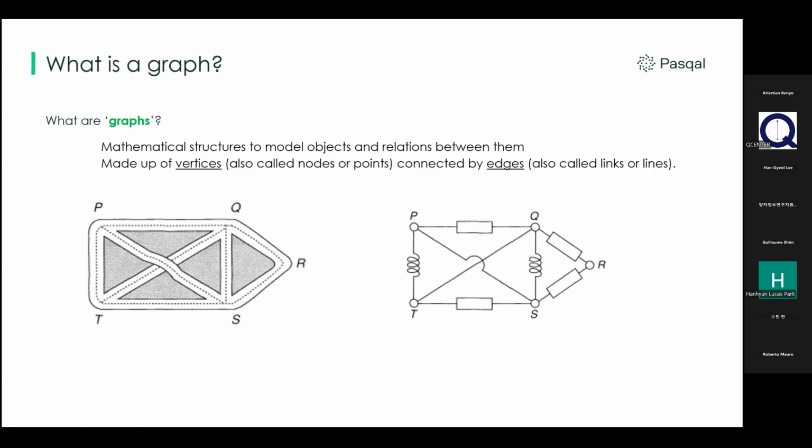Or it can arise from a schematic representation of a particular object construction. Here in this case, it's a specific type of circuit. But we can find graphs in various walks of life.